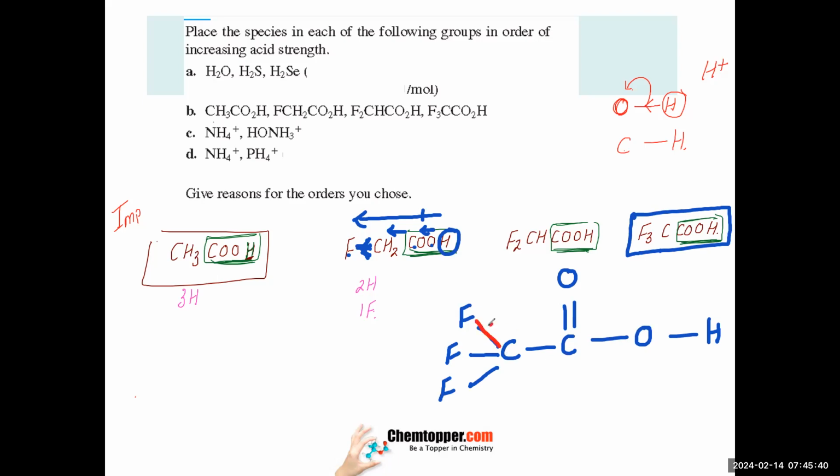It's going to pull electron density from this carbon. This carbon is very, very electron deficient. It's going to acquire a positive charge. Then it will pull electron density from this oxygen.